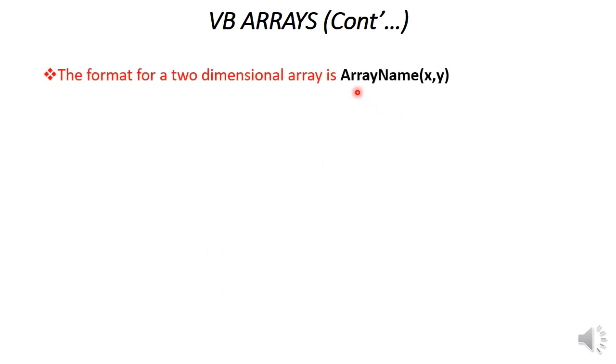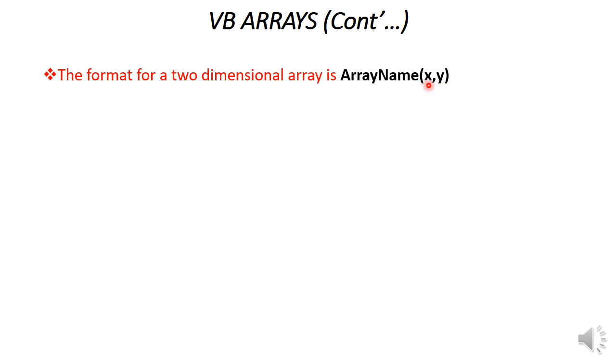The general format of a two-dimensional array in Visual Basic is the following. We have the array name, which is an identifier respecting Visual Basic variable naming rules. Here we have a pair of parentheses. These are the operators which are used to declare arrays in Visual Basic. And here we have the value for rows and here the value for columns.